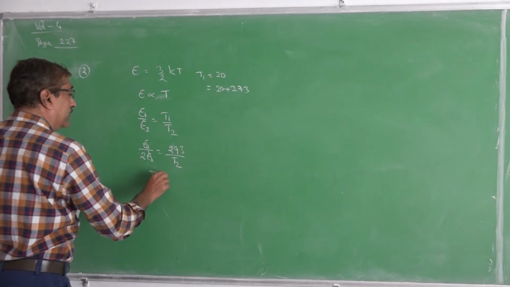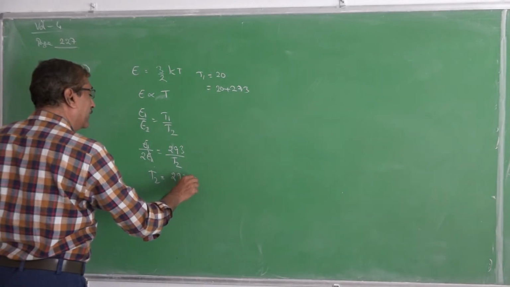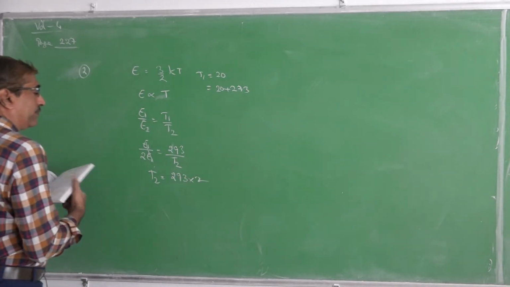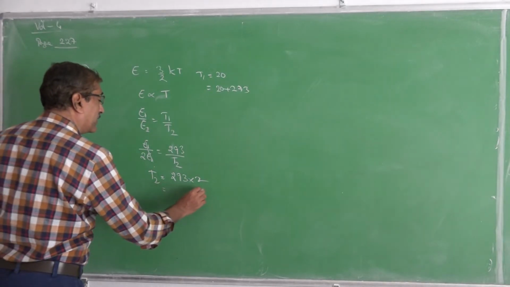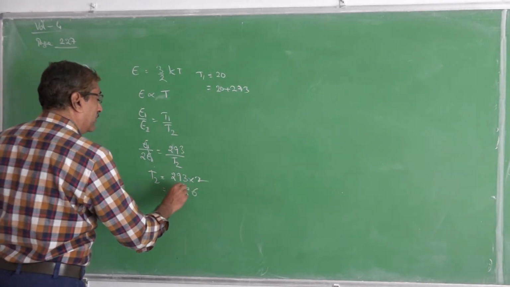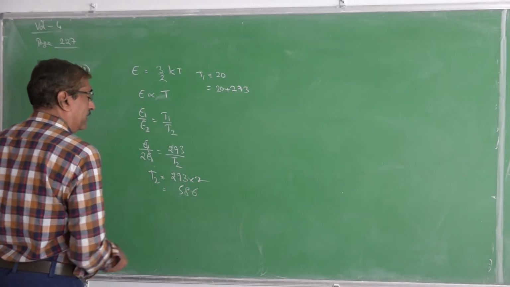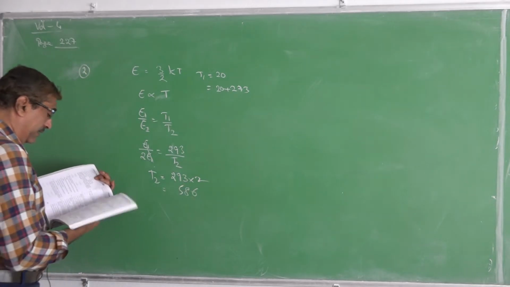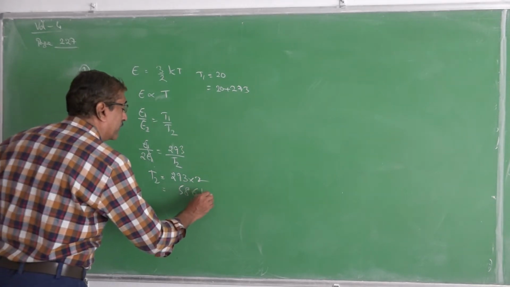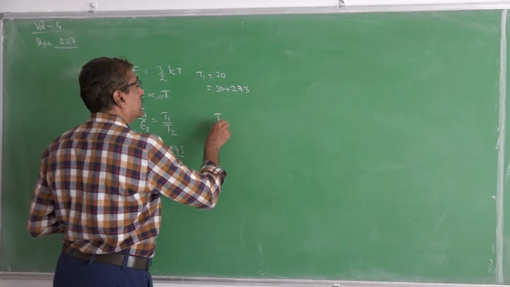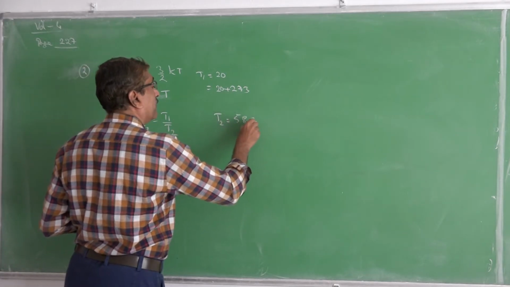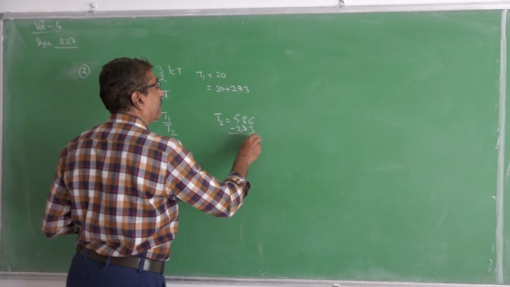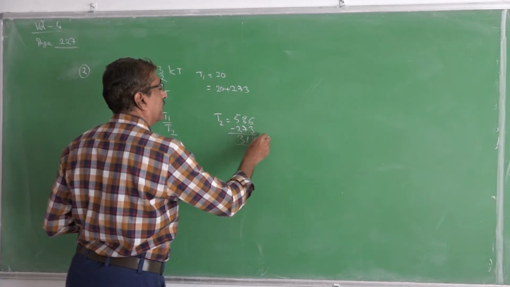So T2 is equal to 293 into 2, so this is 586 K. But actually the answer is given in centigrade. So T2 is equal to 586 minus 273 degrees centigrade.